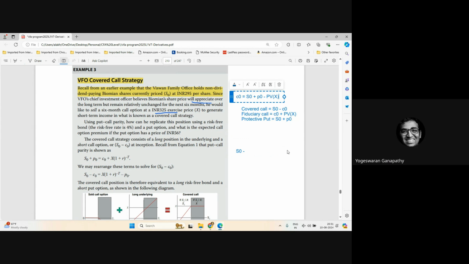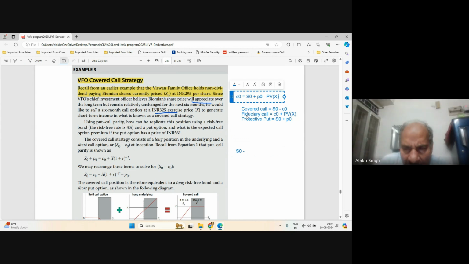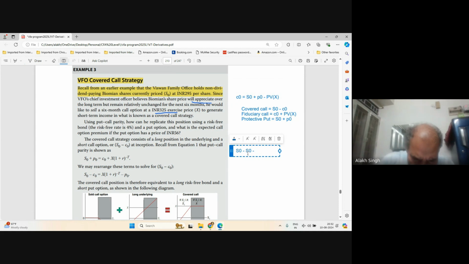Now I have to change it to covered call. So covered call is S0 minus C0. So S0 minus, if I put what? Minus S0, and then minus P0, and then plus PVX. I get the answer.